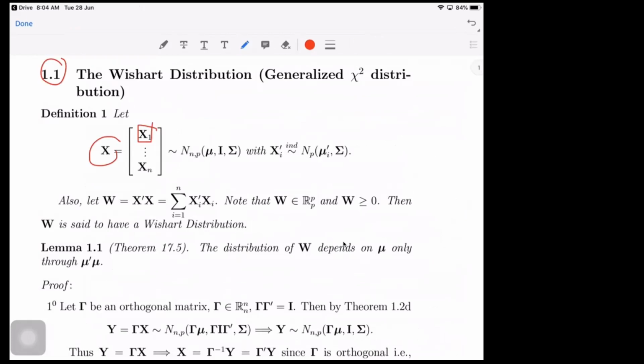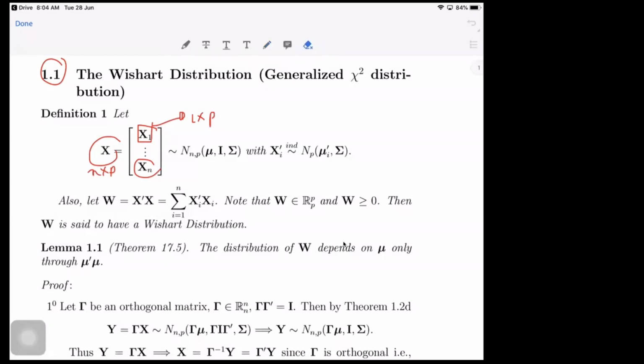X here is an n by p random matrix, so you will expect each row to be a 1 by p vector, and together it's n by p.